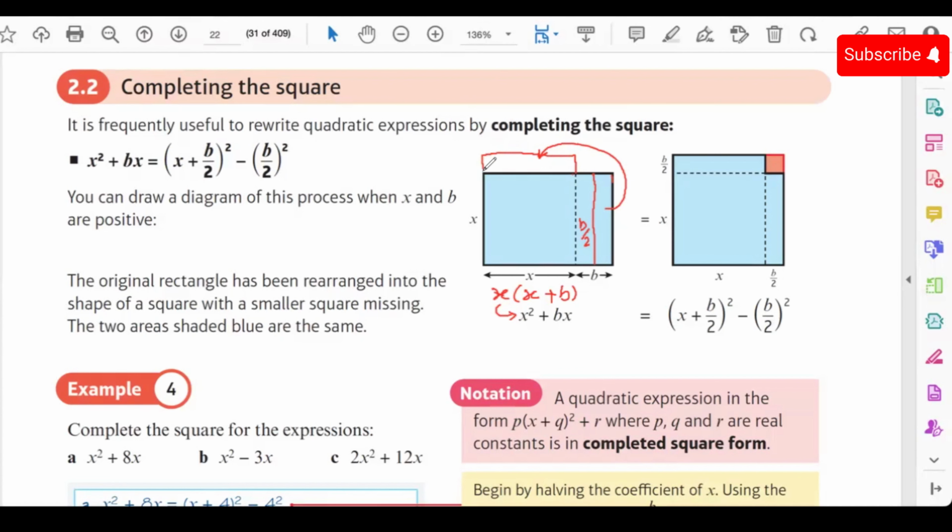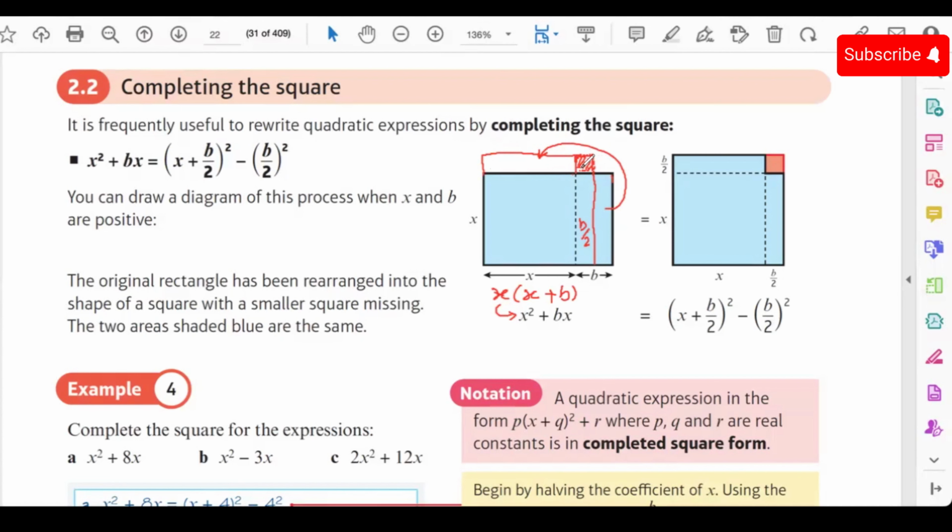Now you see the square is not completed. We actually need this part as well. If we add this part here, then we have a complete square.